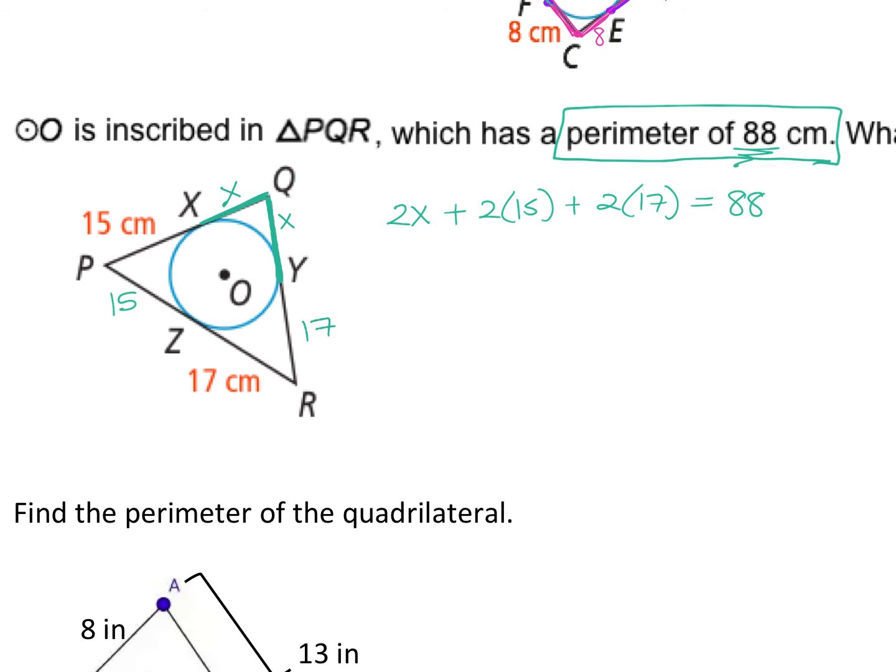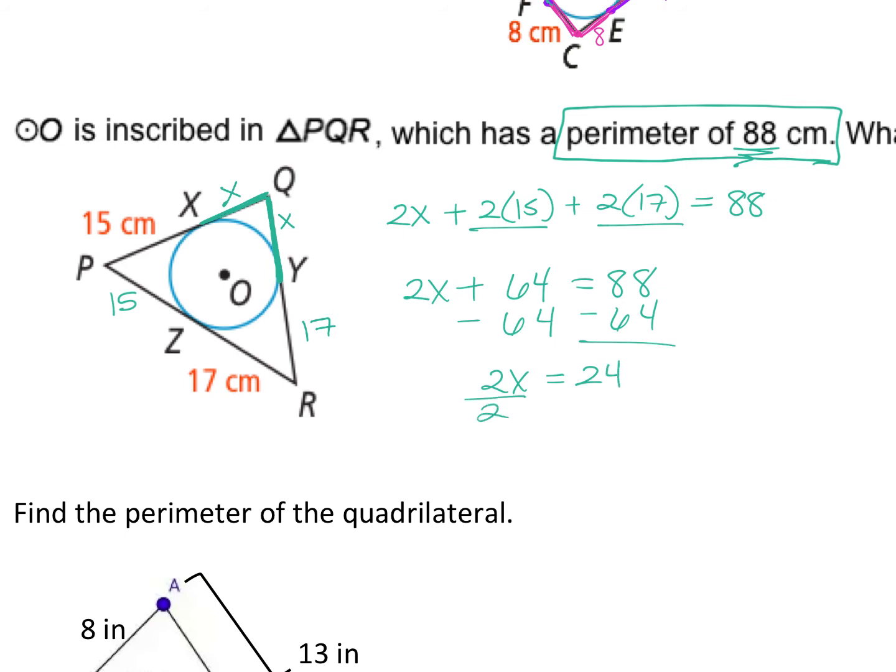So plug that in, you get 2x plus 30 plus 34, so plus 64 equals 88. We're going to take away the 64 then, and we get 2x equals 22. Nope, 24, sorry, mental math.